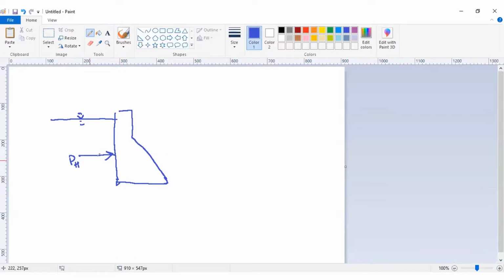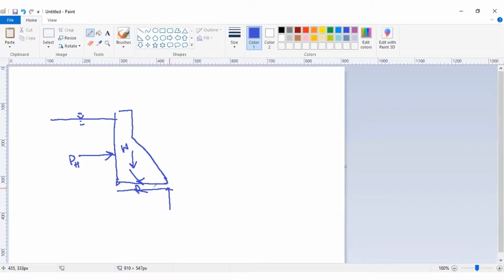Suppose this is your dam. So there is water on the upstream side. It exerts a huge amount of hydrostatic pressure from this end, and the dam has a weight W. So the vector sum of this weight and the hydrostatic pressure is the resultant, and it causes a huge amount of stress.